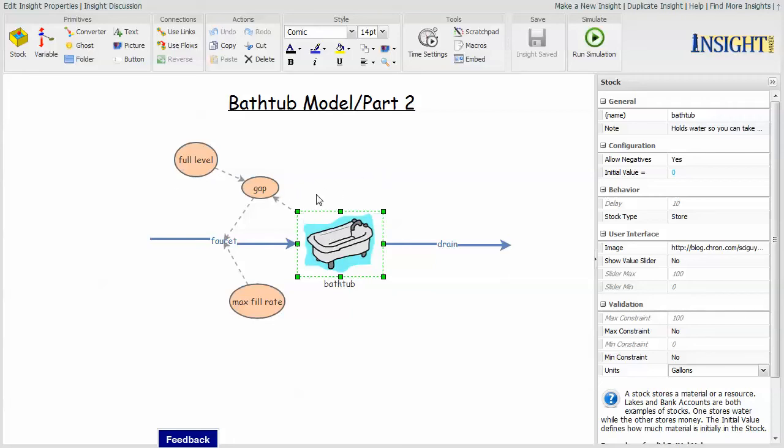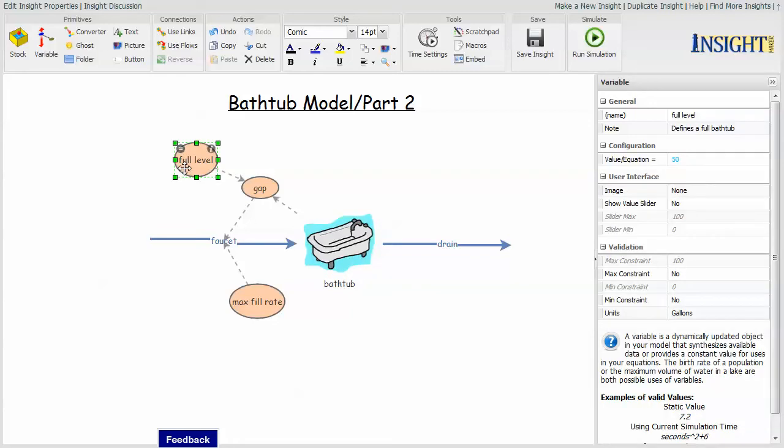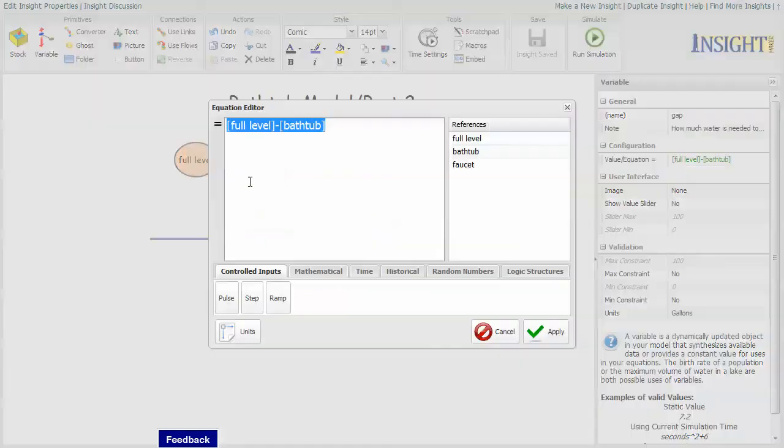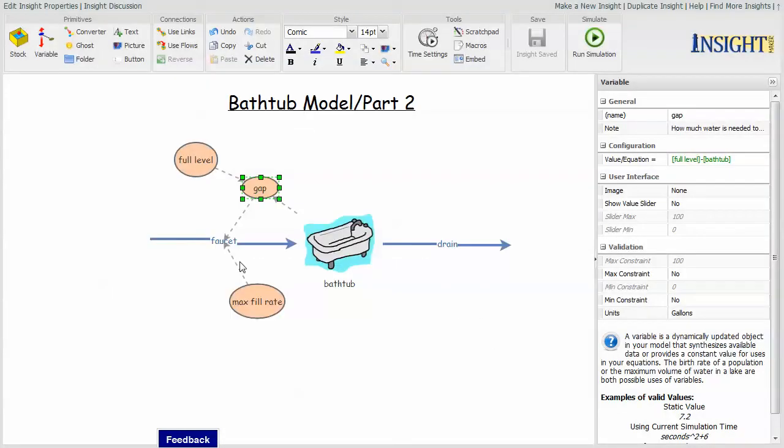So in this particular instance, I said the bathtub is gallons. The full level, which is the goal for the bathtub, is also in gallons. Gap turns out to be gallons because it is the difference between two elements which are both gallons.